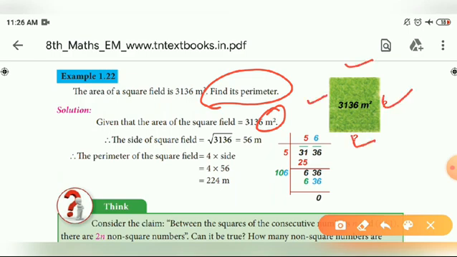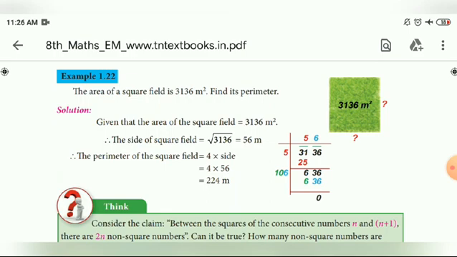Solution: given that the area of the square field is 3136 meters square, the side of the square field is the square root of 3136. I will explain how to find the square root. Just listen carefully.